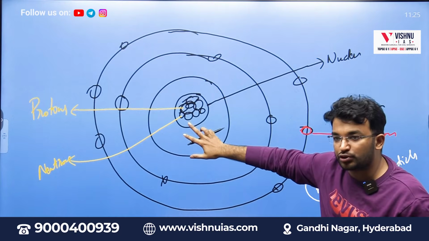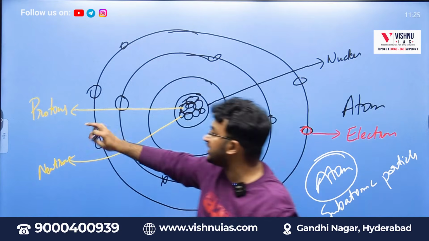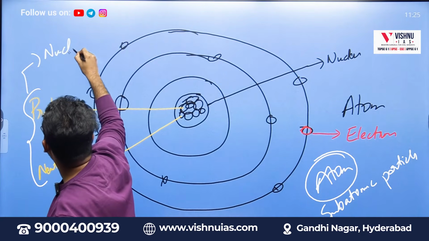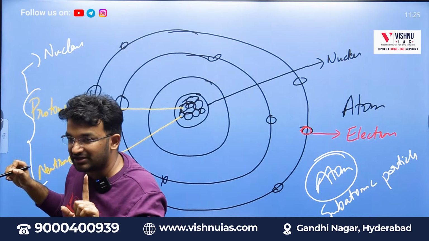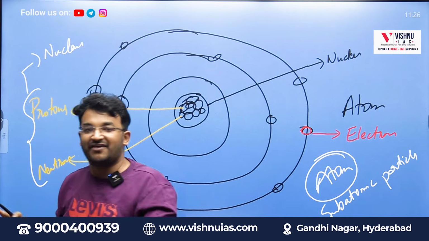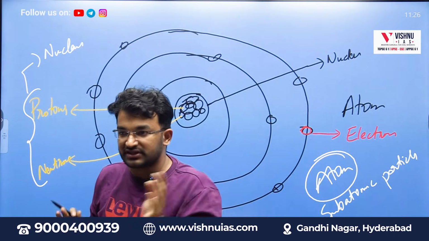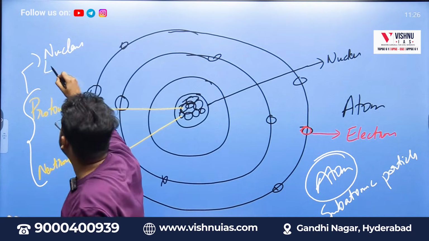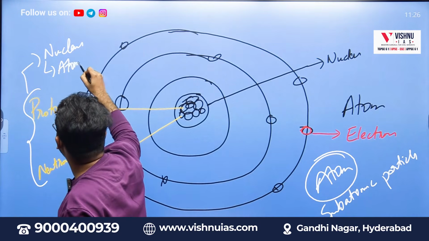Protons are there. Protons and neutrons together constitute the nucleus. Both of them will be having mass. This proton and neutron together will constitute atomic mass.